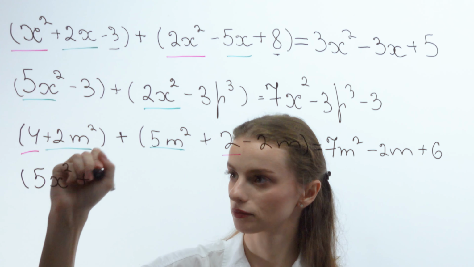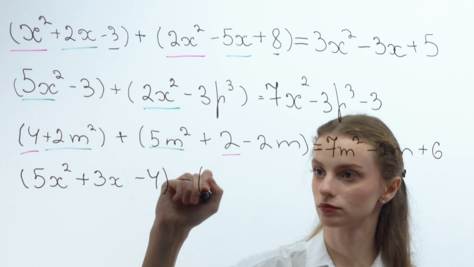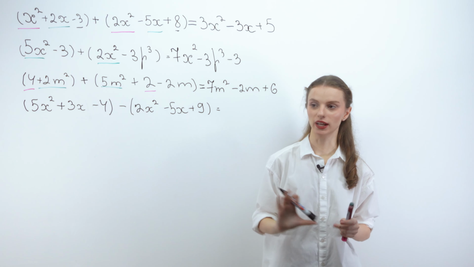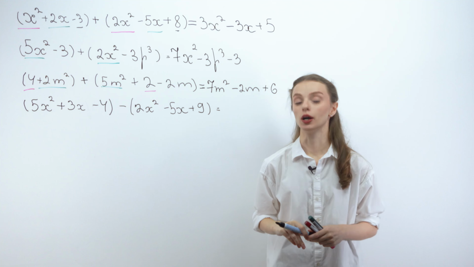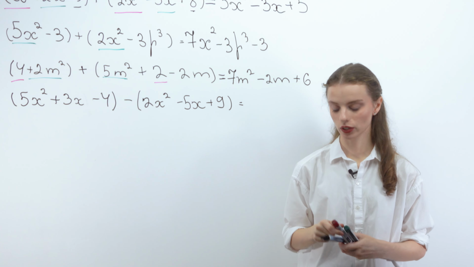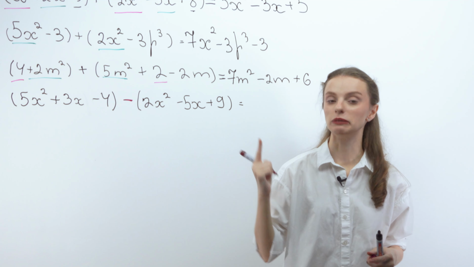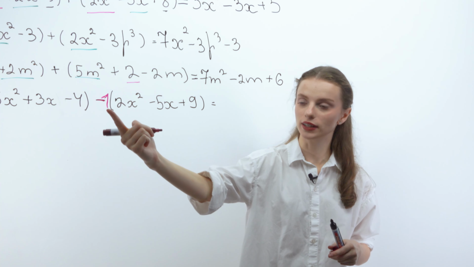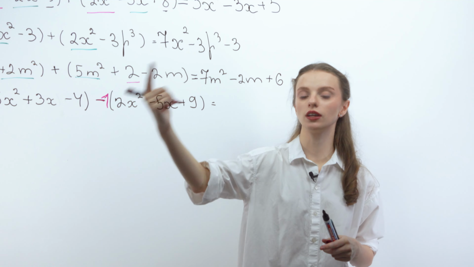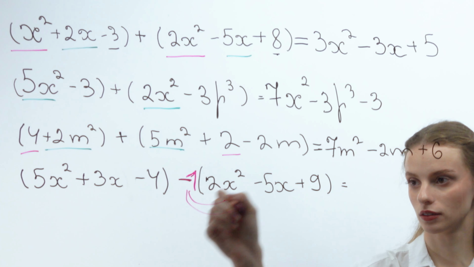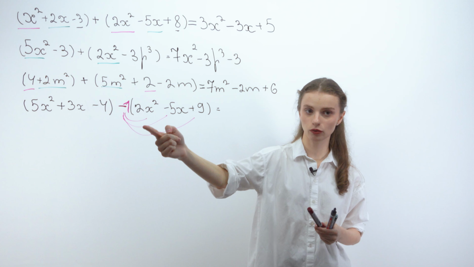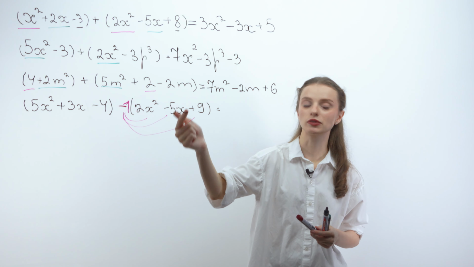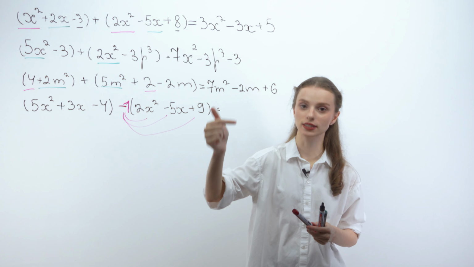We have 5x squared plus 3x minus 4 minus, open parentheses, 2x squared minus 5x plus 9. How are we going to do this? Look, whenever you see this minus, that actually means negative 1. So you have negative 1 times everything in the parentheses. So I have negative 1 times 2x squared, negative 1 times negative 5x, negative 1 times 9.